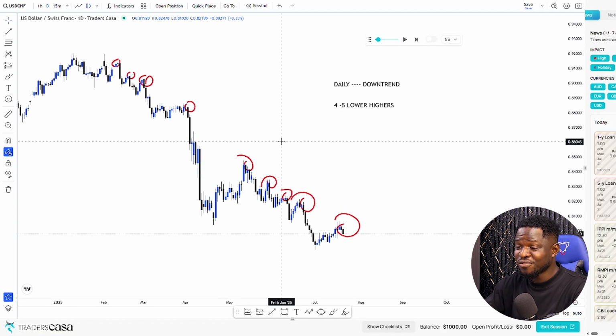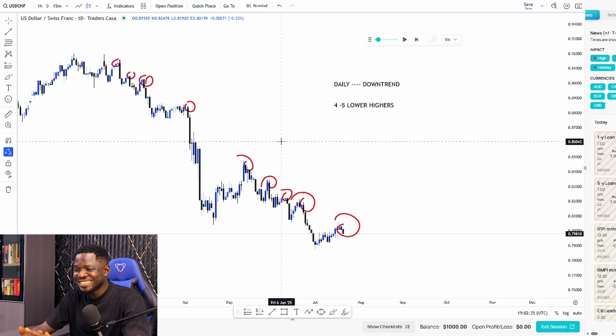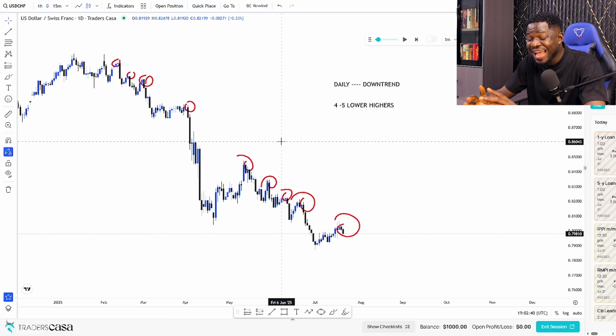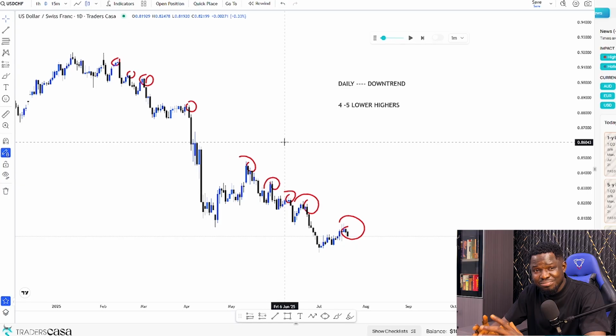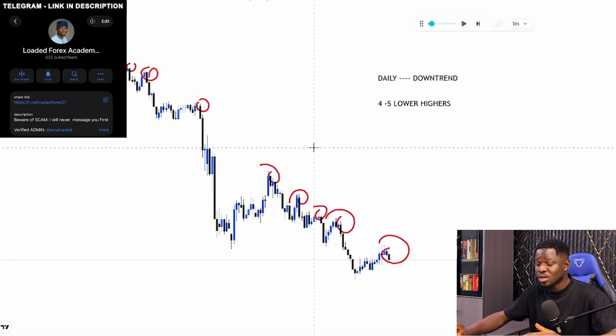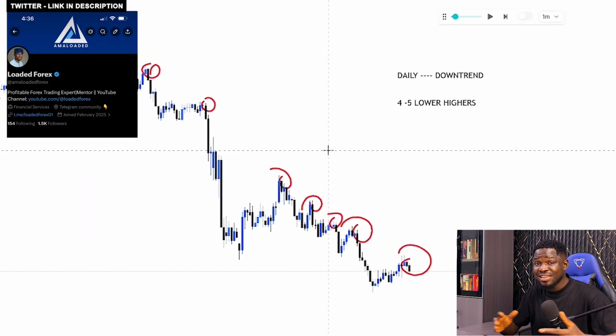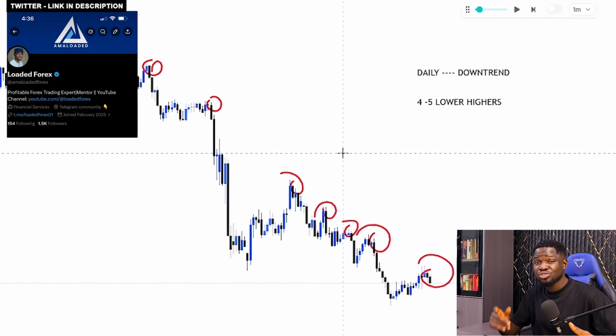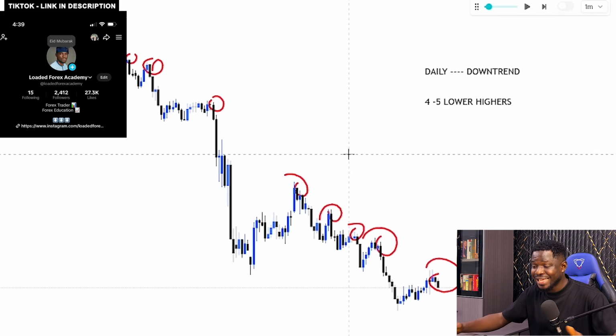We have more than 4 lower highs. Whenever you see this series of lower highs during a downtrend market, it's a sign that the trend will soon be invalidated. That means the trend is overripe for invalidation, that buyers will soon come into the market and invalidate the structure from bearish market structure to bullish market structure.